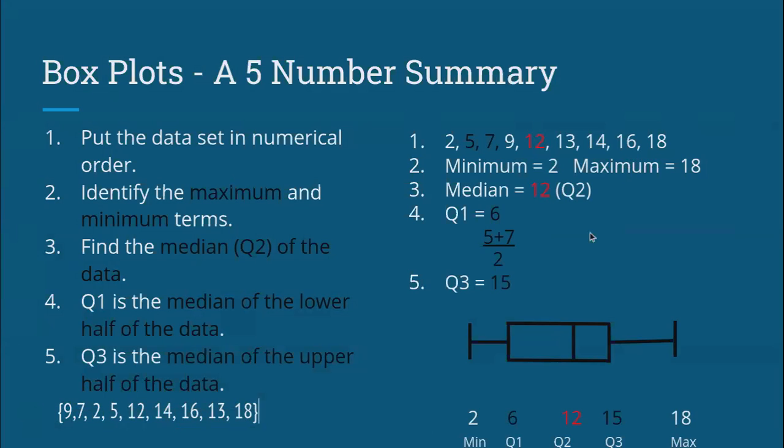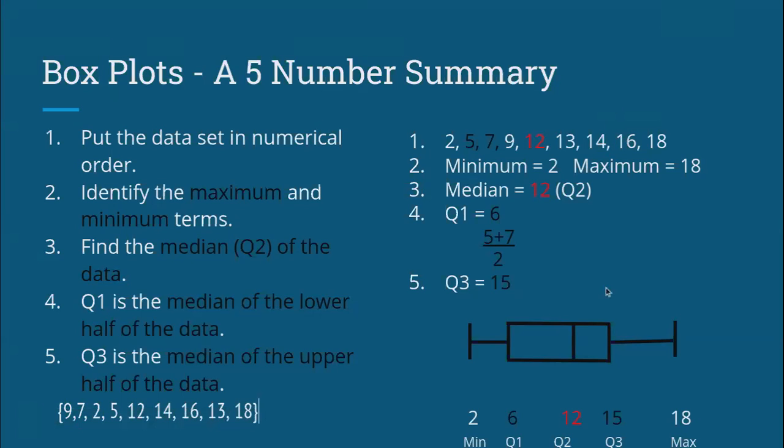We will add the middle 2 and divide by 2. So 14 plus 16 gave 30. 30 divided by 2 gave 15. And again, in your data set, you put a little arrow up here and put 15.